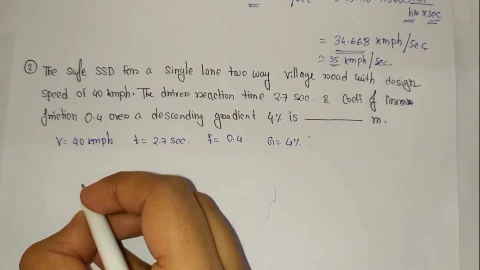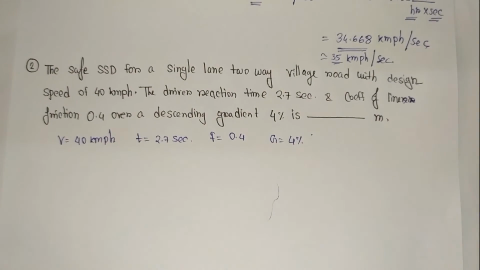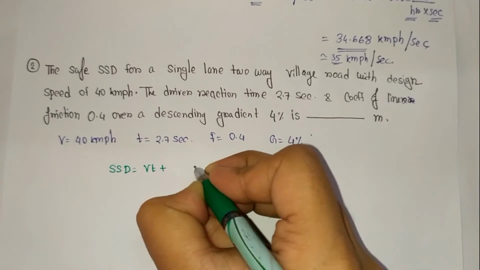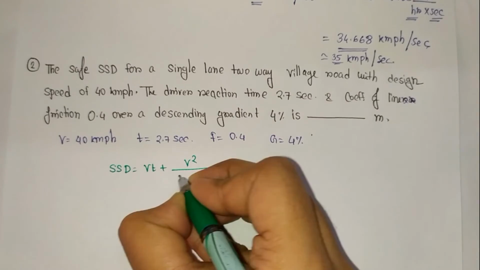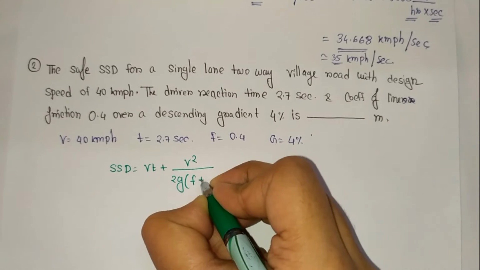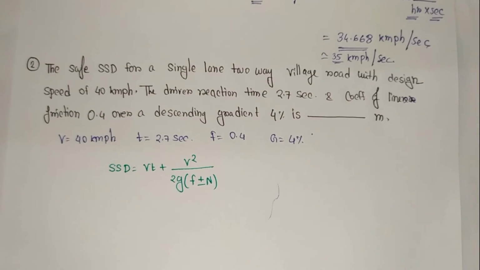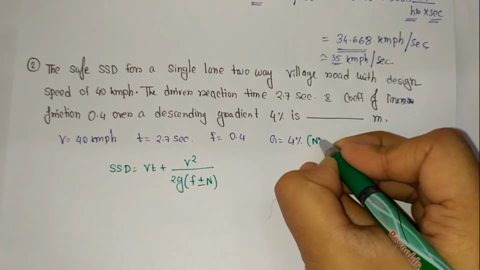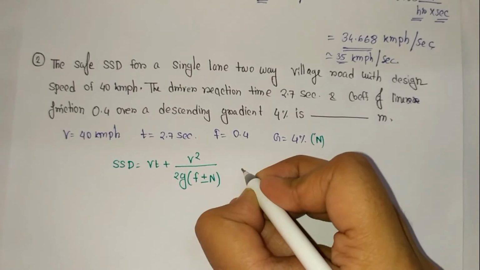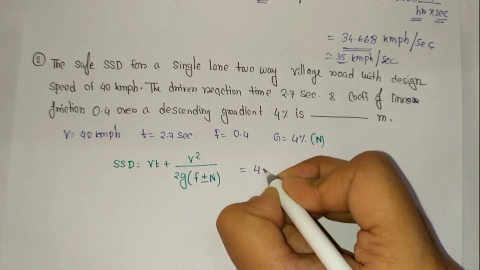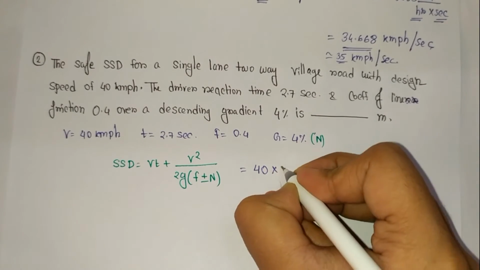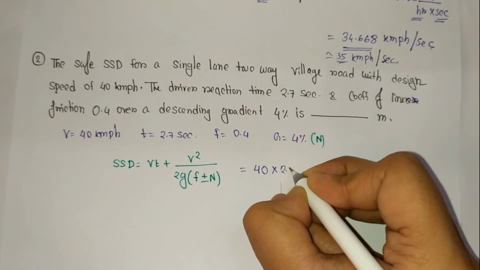Now we know the formula for stopping sight distance: SSD is equal to Vt plus V square by 2g into f plus minus n, where n here is the gradient. Now if we put the values, V is equal to 40 km per hour and t is equal to 2.7.